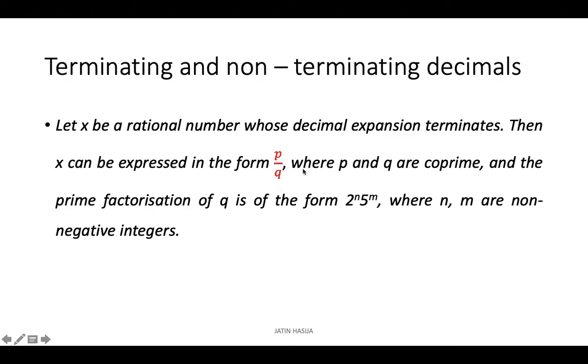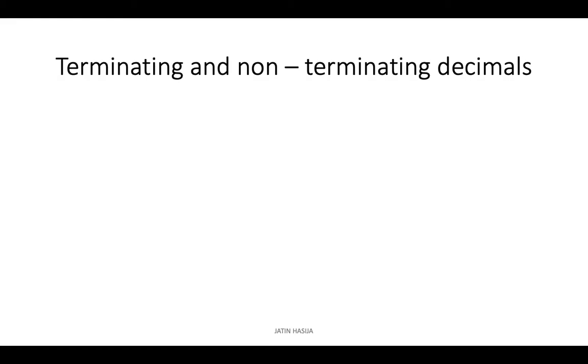In other words, if the prime factorization of q is only with 2 and 5, then we can say that this particular rational number will be a terminating decimal, otherwise it will not be. Now let us try to understand this with the help of an example.